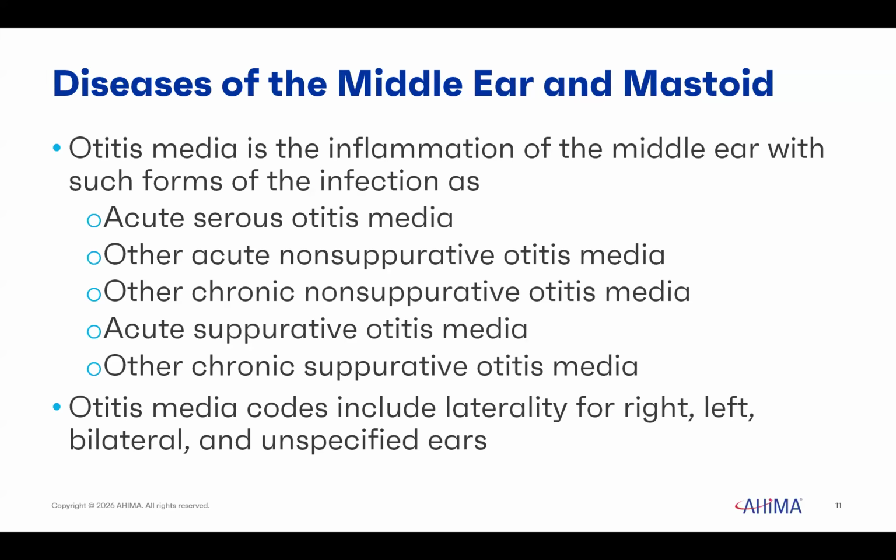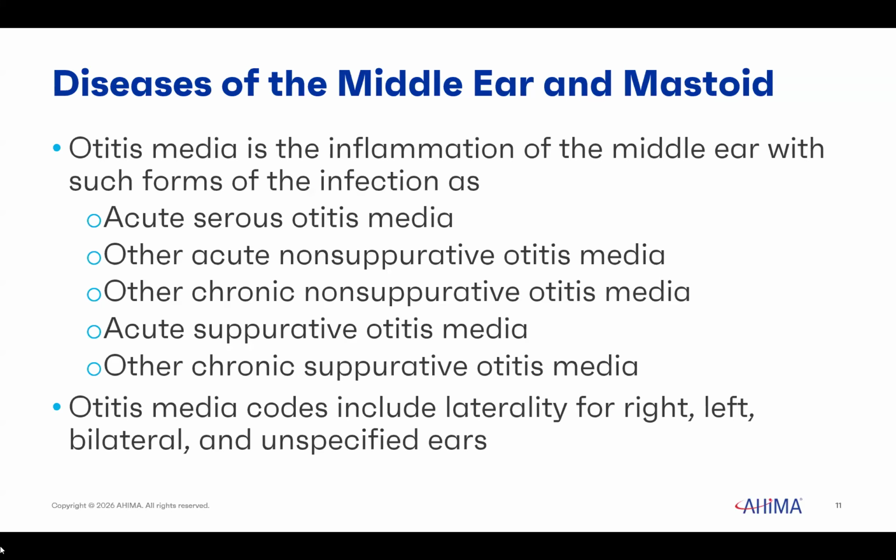And again, otitis media, which is basically the inflammation of the middle ear, can be described as acute serous otitis media, acute non-suppurative otitis media, chronic non-suppurative otitis media, and others.